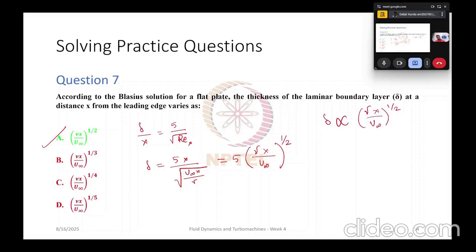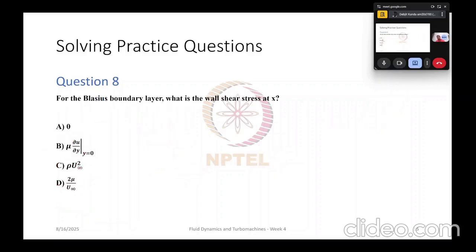Alright, so let's move along. We'll move on to question number 8, which is asking us that for the Blasius boundary layer, once again, what is the wall shear stress at x?